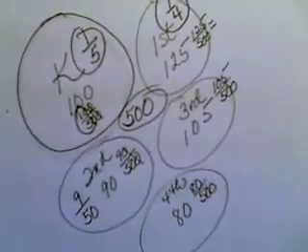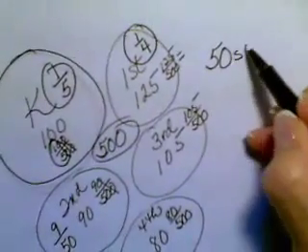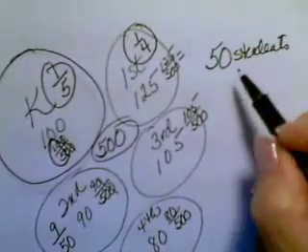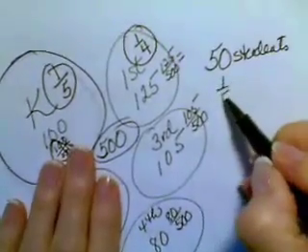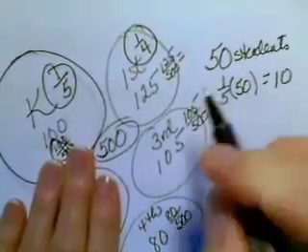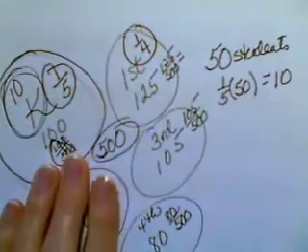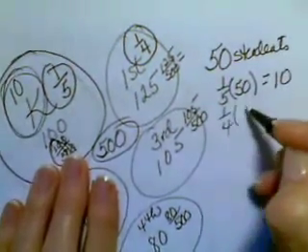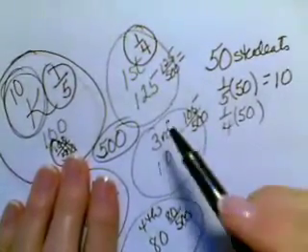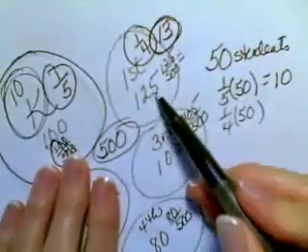Now, let's say that I want to choose 50 students in my survey. 1/5 of 50 means that 10 of them, I will choose 10 kindergarten students. 1/4 of 50 would be 12.5, so I'll probably choose 13 first graders.